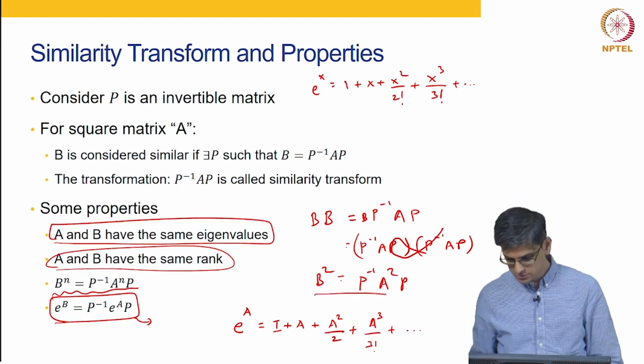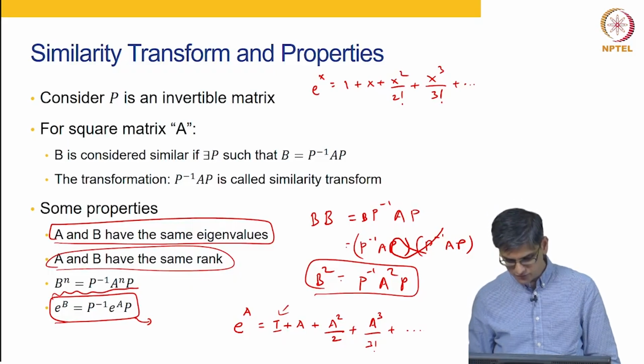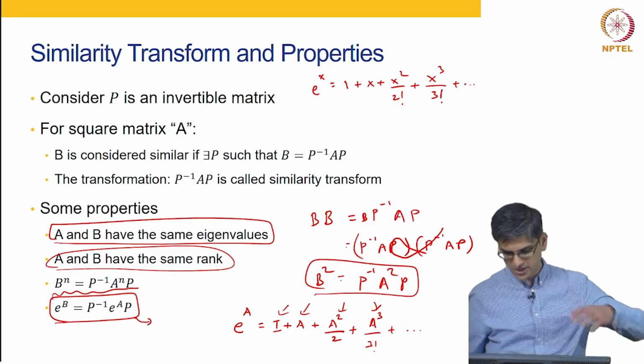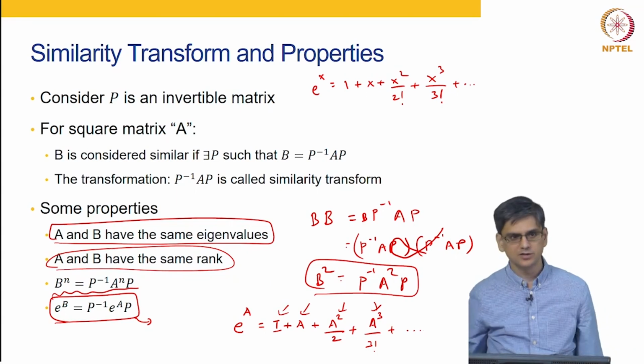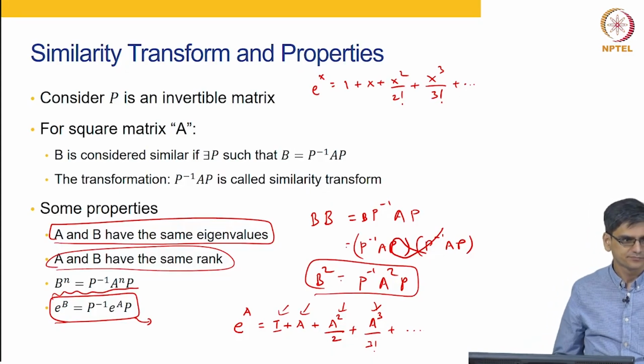See this result? Each of these terms satisfies this result. You take P outside, put everything else in the bracket, you have e to the power B. So that is one way to prove it.